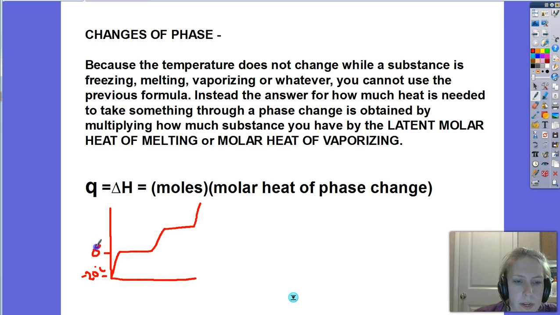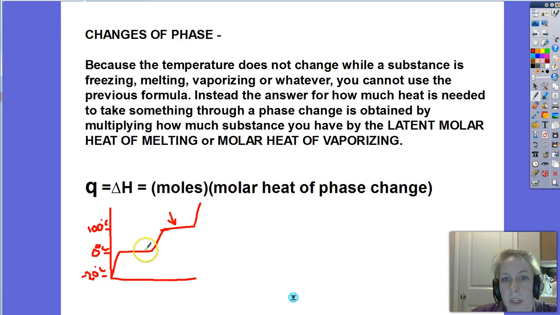This is where melting takes place and also freezing. And then over here we're going to have 100 degrees Celsius, and that's where boiling for water takes place. So that's going to be this part right here. It's going to be vaporizing or condensing.